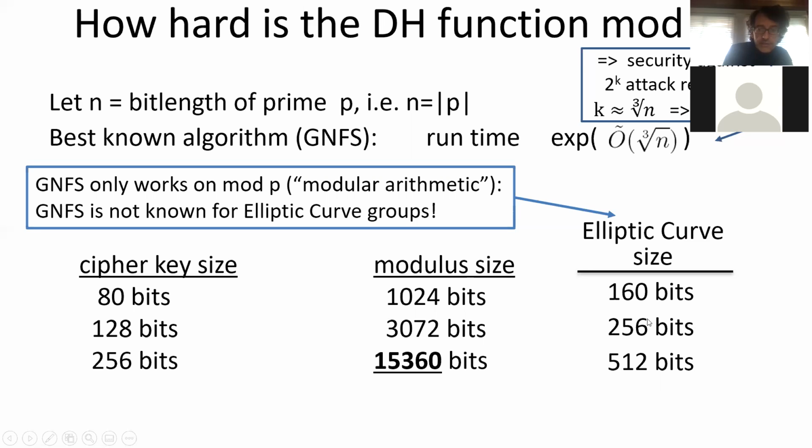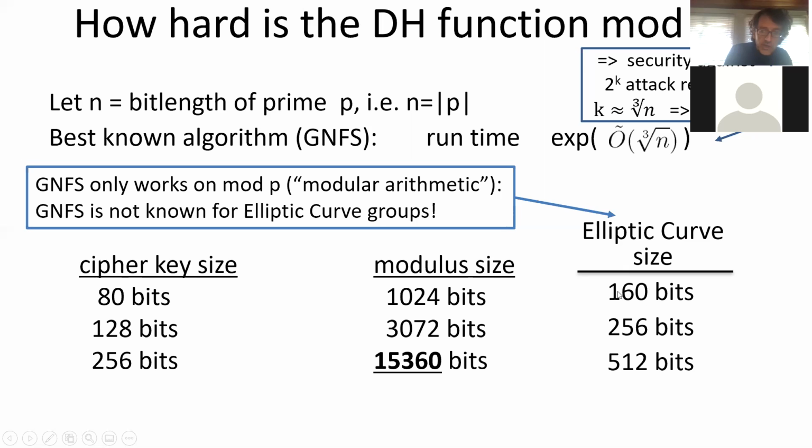That's not a coincidence. We'll see that discrete logarithm in any group has a lower bound. It cannot be stronger than this. There's a generic discrete logarithm algorithm that, given a group, solves it in time 2 to the 80, which is the square root of the size of the group.